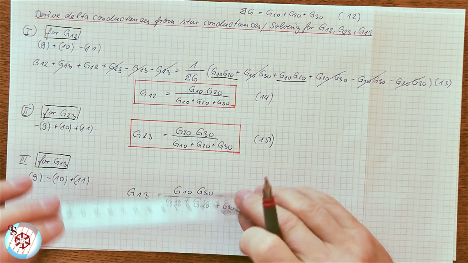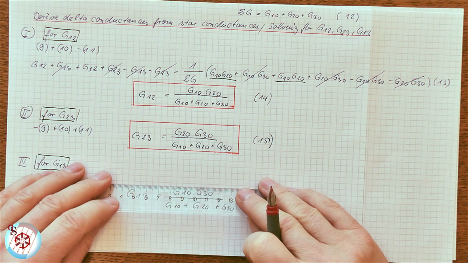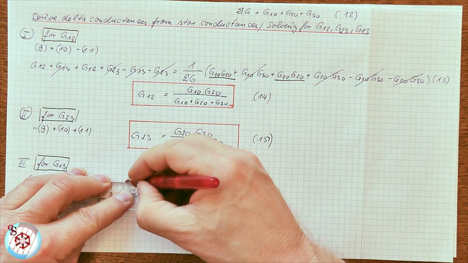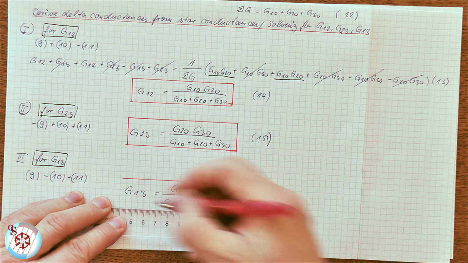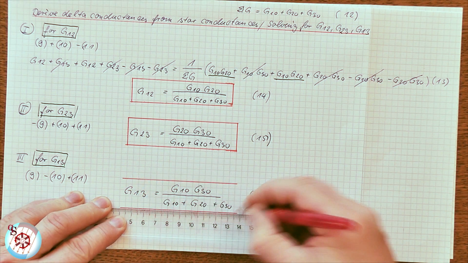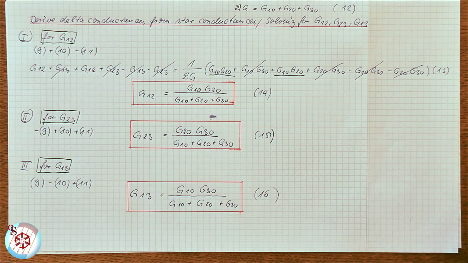And that's it. And you see the same structure in the equation. It's just now made up of conductances instead of resistances.